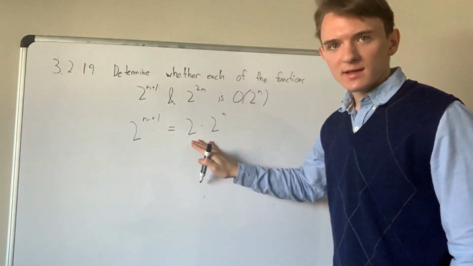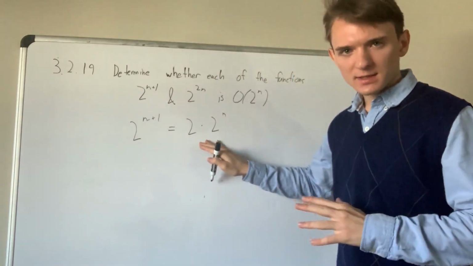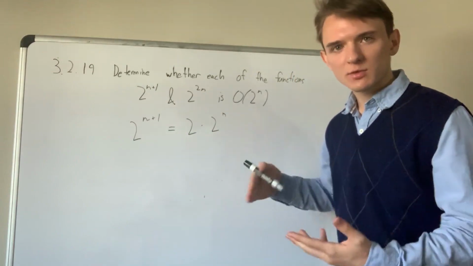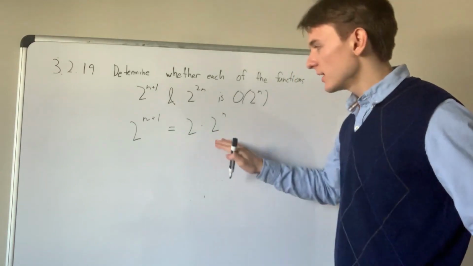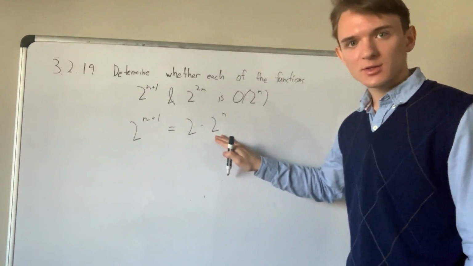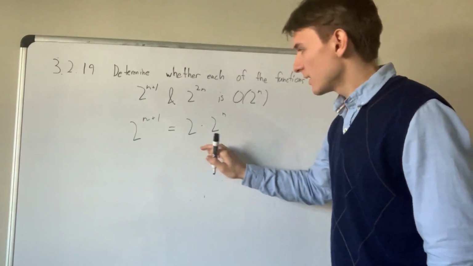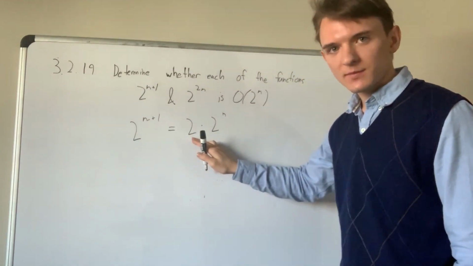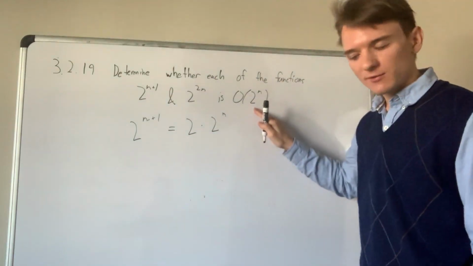This matches that same c times g of x notation we've seen before. So let's just say 2 to the power of n is our g of x, and 2 is our c. Well, this matches what we're looking for.